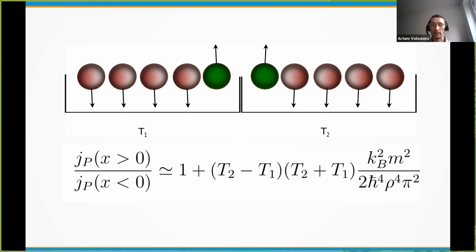Yes, exactly. Here I do rely heavily on the idea that my spin dynamics is slow. It can be as slow as I wish, and my charge dynamics, my equilibration, is fast, which is basically given by k Fermi.